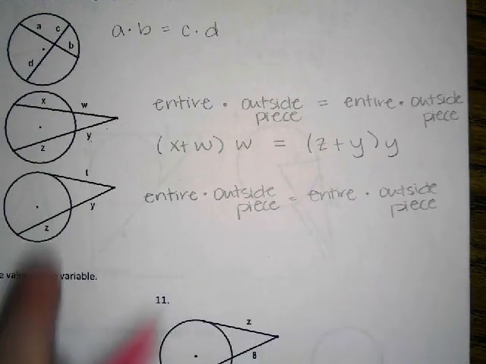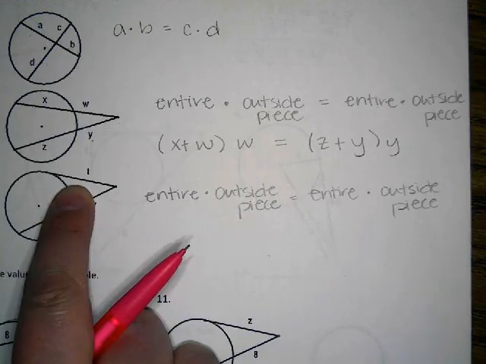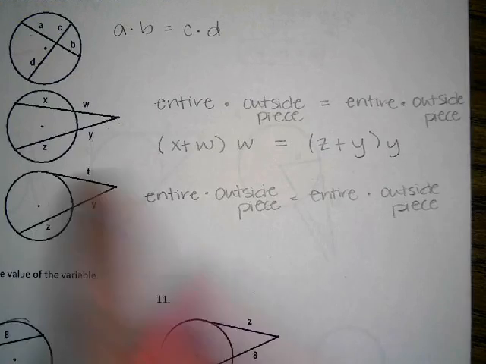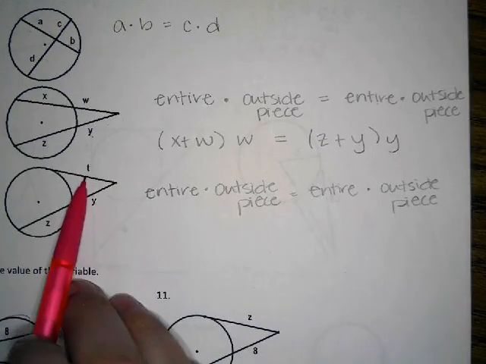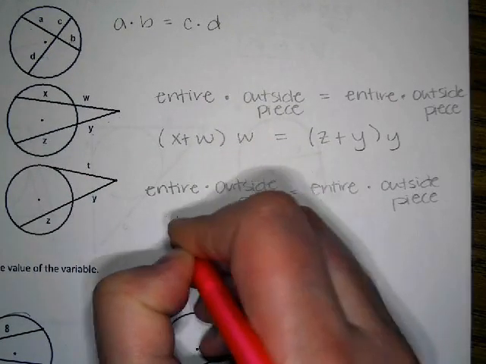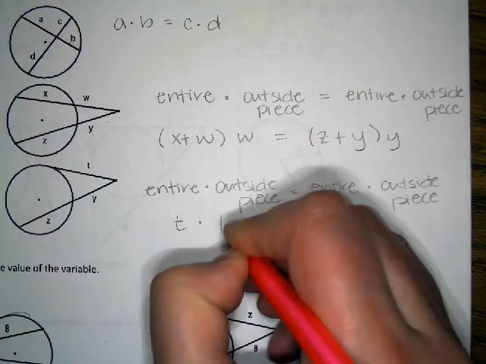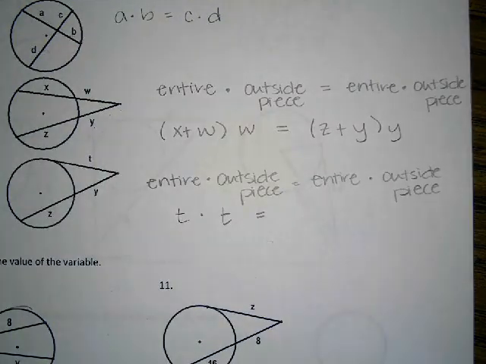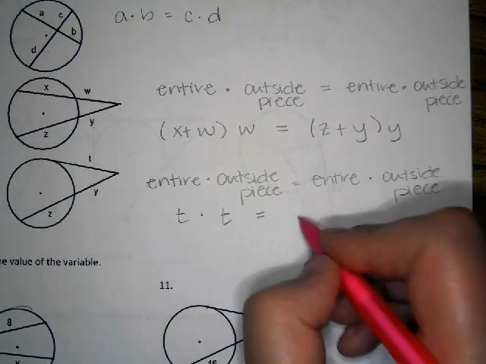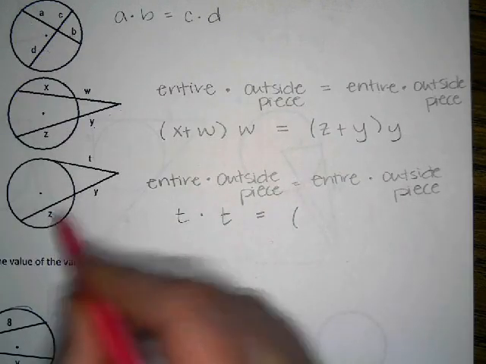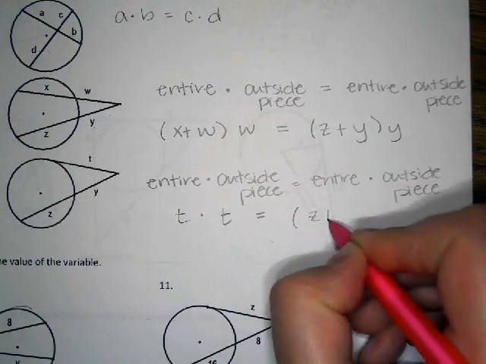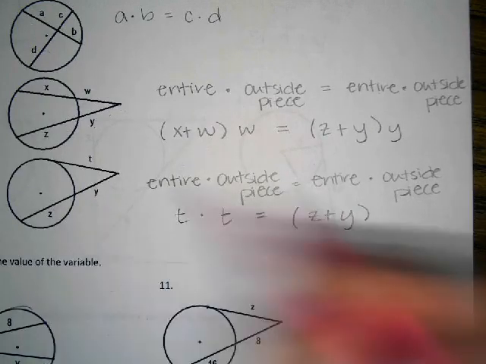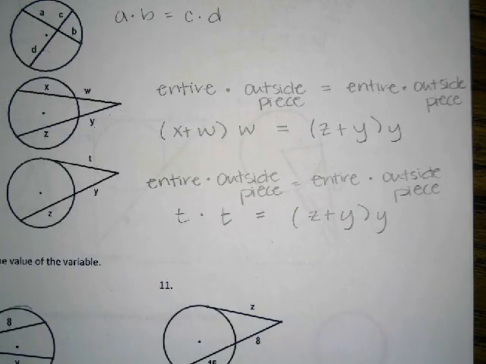They just happen to be the same thing. So for this one, the entire length is t, the outside piece is t. And for this one, the entire piece is z plus y, and the outside piece is y. So T just stops when it hits the circle? Yep, it's just outside. The outside piece and the entire piece are the same thing.